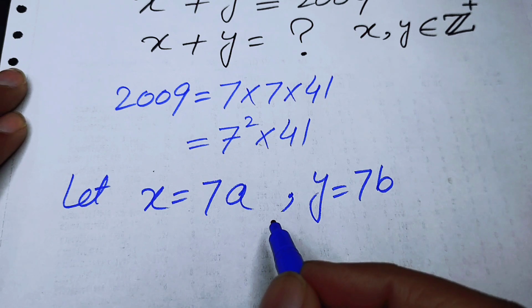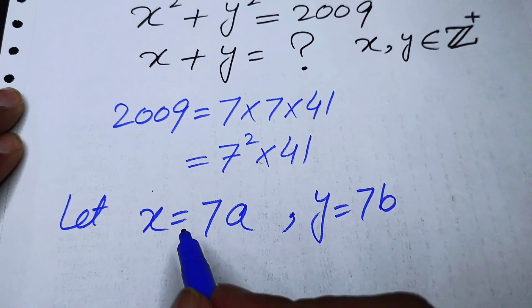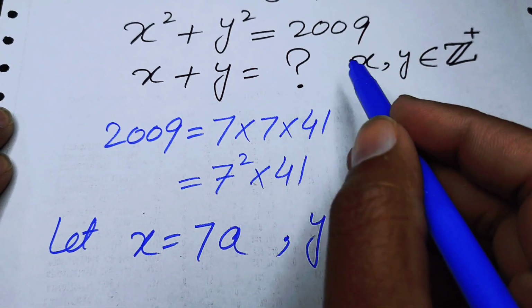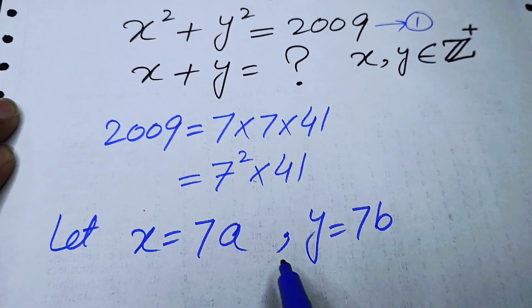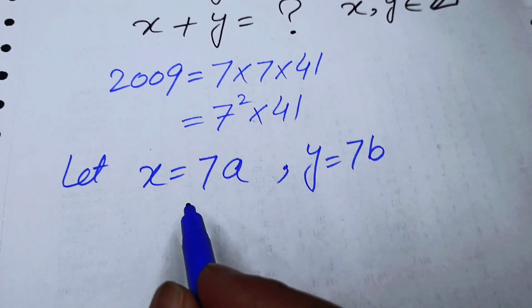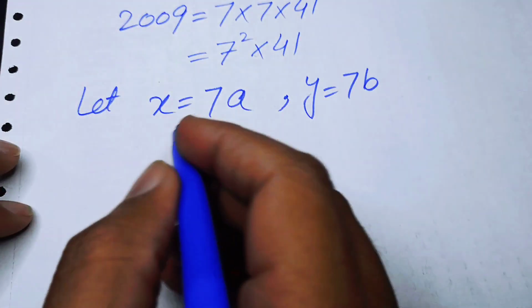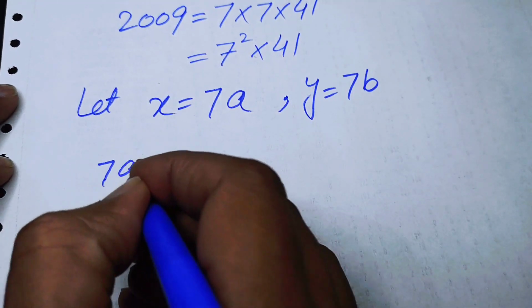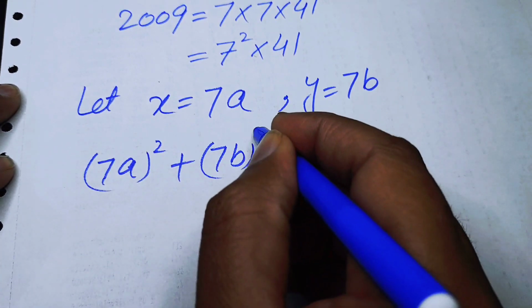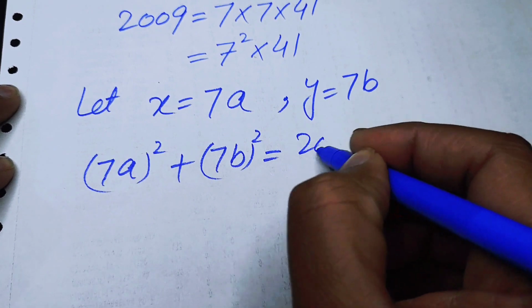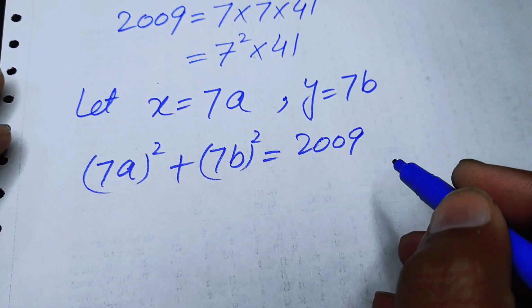So now I can substitute the values of x and y in the given equation. I will name this as equation number 1. Substituting the values of x and y in equation 1, we obtain (7a) squared plus (7b) squared is equal to 2009.